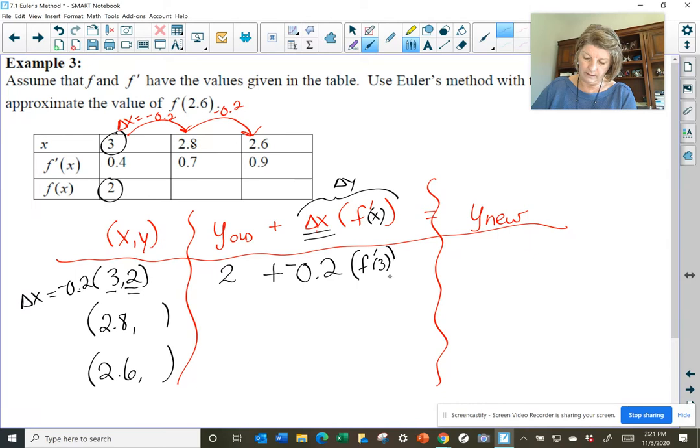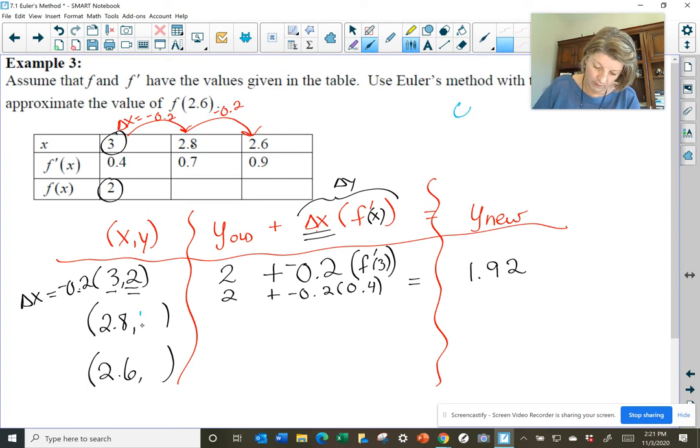So I've got 2 plus negative 0.2 times 0.4. And that would calculate out to 2 minus 0.08, which is 1.92.